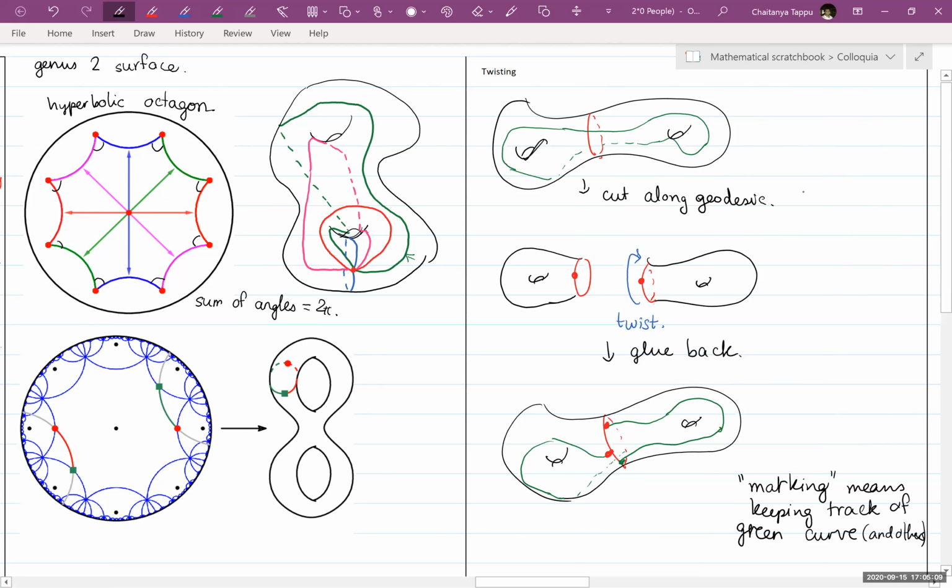So these two hyperbolic surfaces are different marked hyperbolic structures.